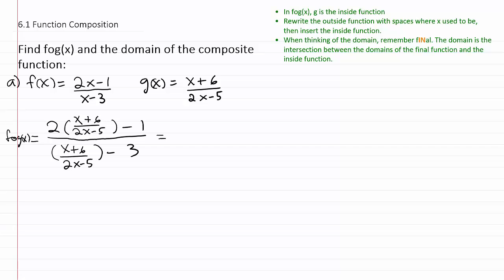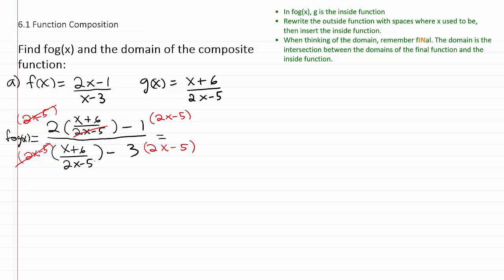Now, if we multiply everything by that quantity, what's going to happen? Let's take a look. We'll have a 2x minus 5 here, a 2x minus 5 here, 1 down here, and 1 over here. Again, every term gets a 2x minus 5 multiplied by it, right? What's nice about this one is that it'll cancel out with the denominator, and you don't have much left, just a 2 times x plus 6 left over there.